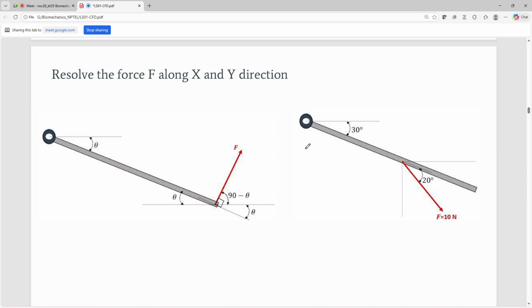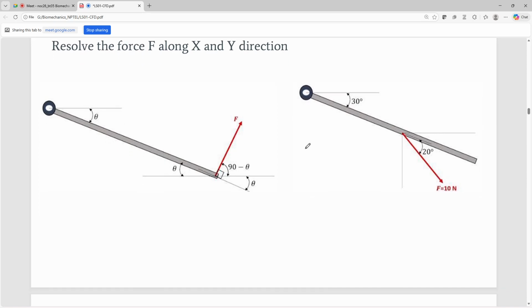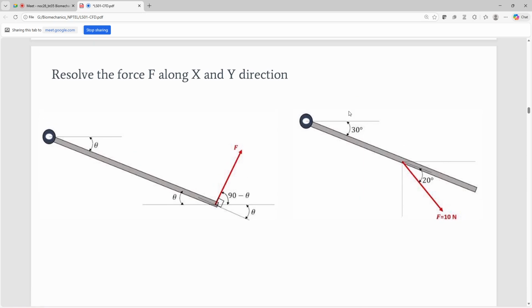Resolve the force along x and y direction. We have two diagrams. So just resolve these things. I will just keep A, B, C. So if you can put an answer for what A, B, and C are, I'll give 2 minutes. Try to answer.